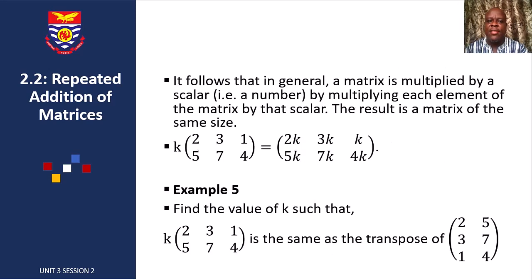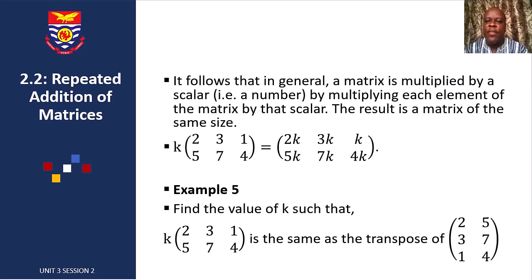In general, if you use a scalar to multiply a matrix, as we have seen in the previous example, the scalar must multiply each of the entries. So if you have k, for example, multiplying the matrix, then you have 2k, 3k, k, 5k, 7k, and 4k. Let's look at this example.